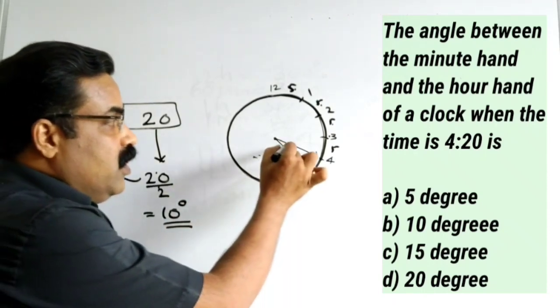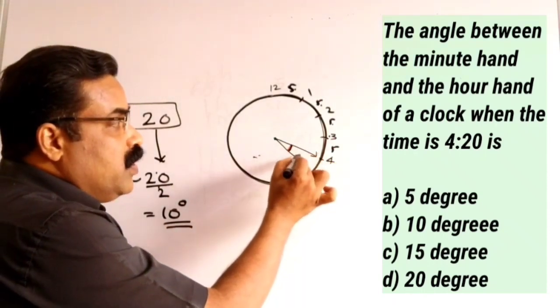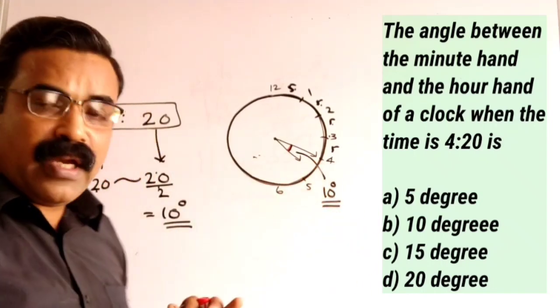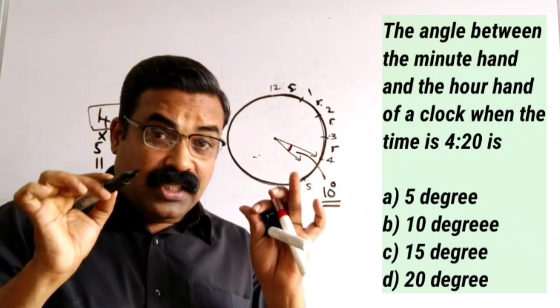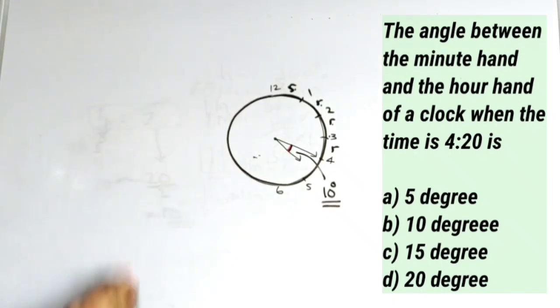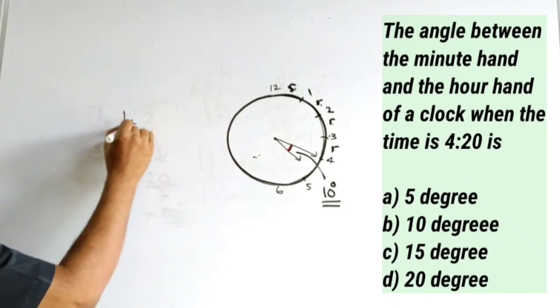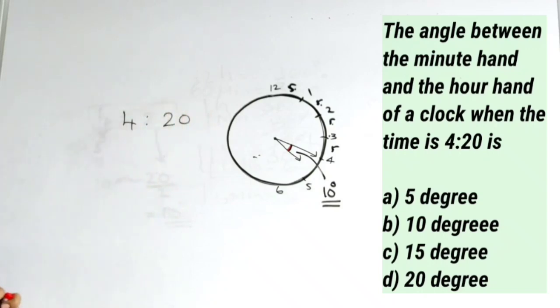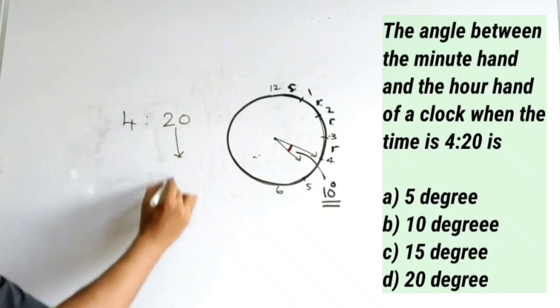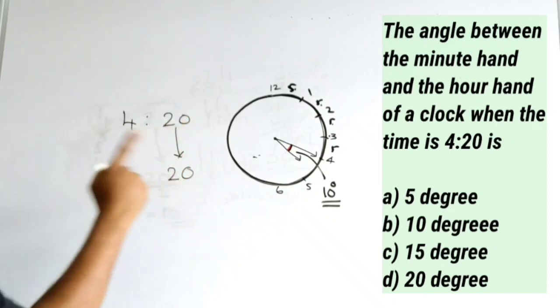So the angle between these two needles will be 10 degrees. From the given options, you can mark the correct answer. Understand very clearly what I did. Let me repeat that step once again so that it becomes very clear to you. The time is 4:20. The minute is written as it is, 20 is 20 only.